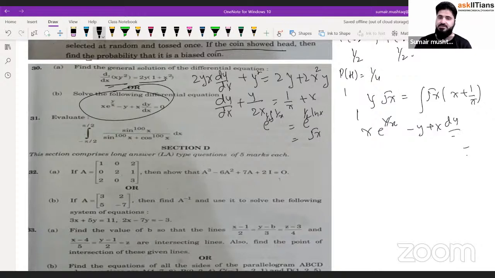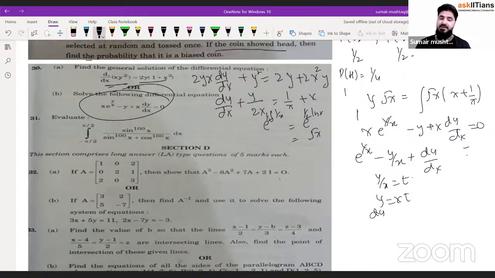Now the next question: x e to the power y by x minus y plus x dy by dx is equal to 0. You can divide both sides by x. So this will be e to the power y by x minus y by x plus dy by dx. You can see this is a question of a homogeneous differential equation. So put y by x is equal to t, so y is equal to x into t.